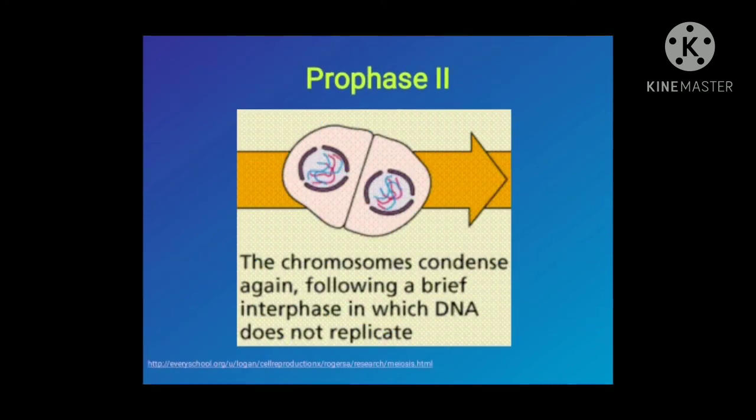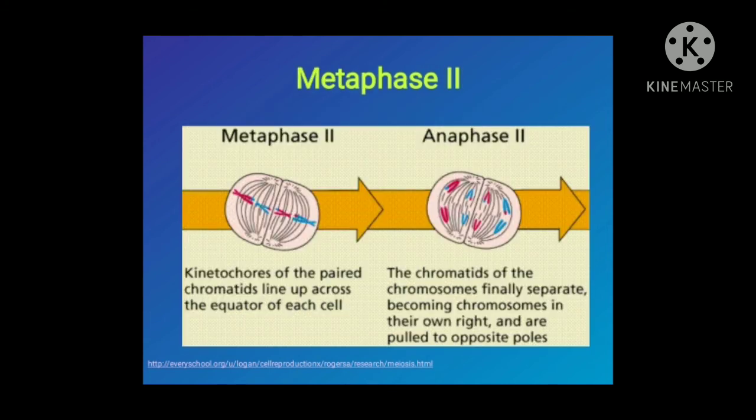This is the prophase 2, in which the chromosomes condense again following a brief interphase in which DNA does not replicate. While in the metaphase 2, the kinetochores of the paired chromatids line up across the equator of each cell.